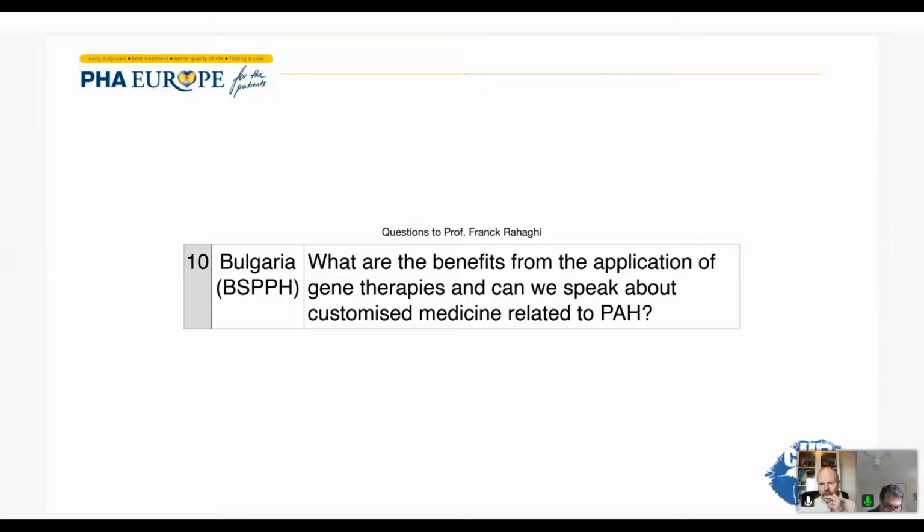In some patients, it will be multiple different kinds of genes that are responsible. So really, gene therapy is in its infancy.